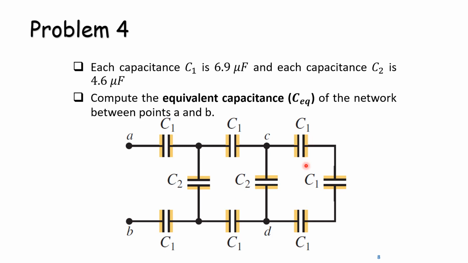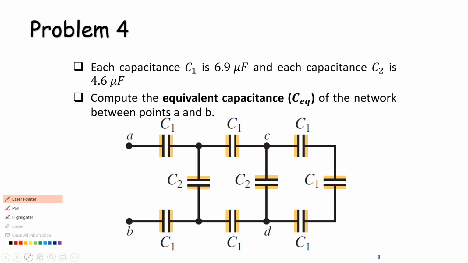So suppose this is your capacitor 1, 2, 3, 4, 5, 6, 7, 8, 9. So we have 9 capacitors and we will start with this. Capacitors 1, 2, 3 are in series, and their equivalent capacitor is in parallel with this.